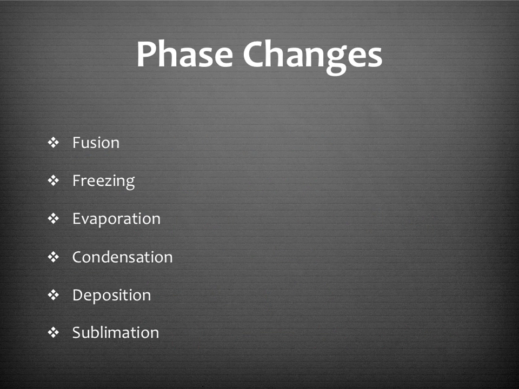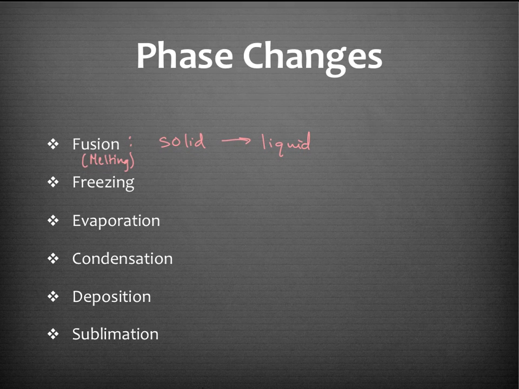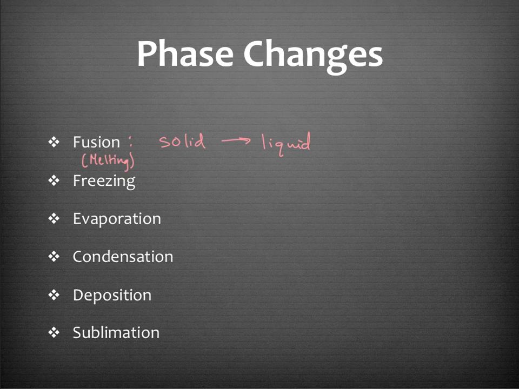Okay, so now we're up to the phase changes, and there's 6 types you're responsible to know. Fusion is also called melting, and this is from solid to liquid. Next we have freezing, which on the other hand is the opposite direction. That's from liquid to solid.